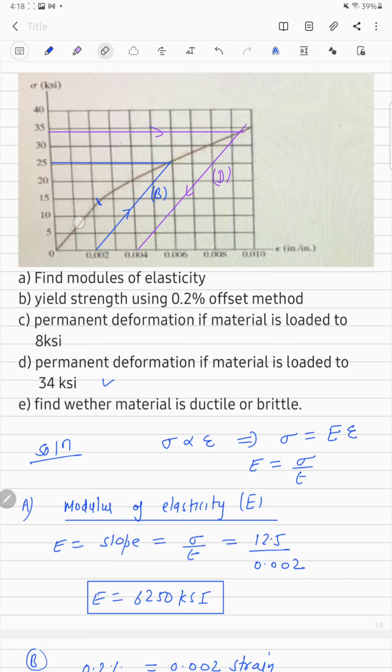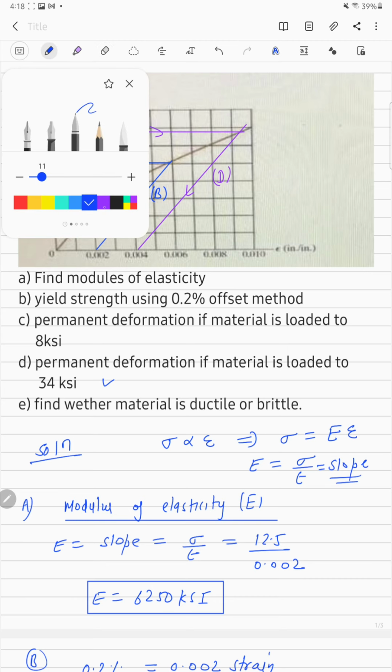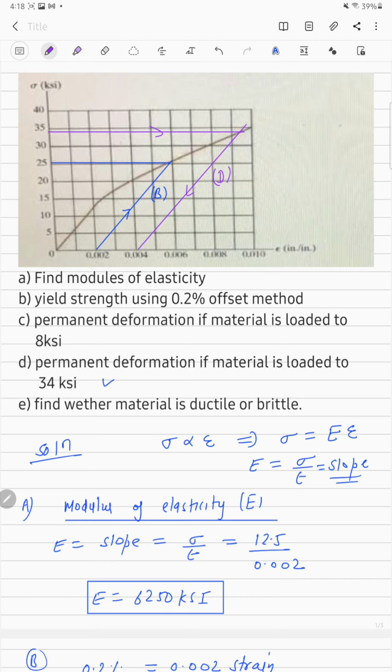For Young's modulus, as we can see, Young's modulus will be stress by strain, so it will be the slope of that straight line up to the elastic limit. How can we find it? We can read the value from here. At strain equals 0.02, how much stress can we see?